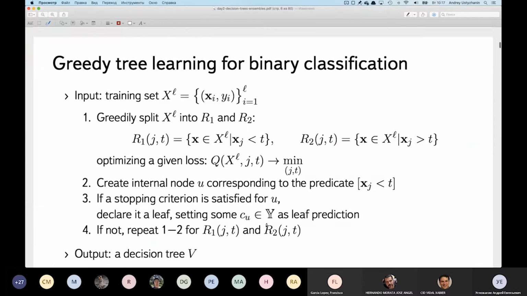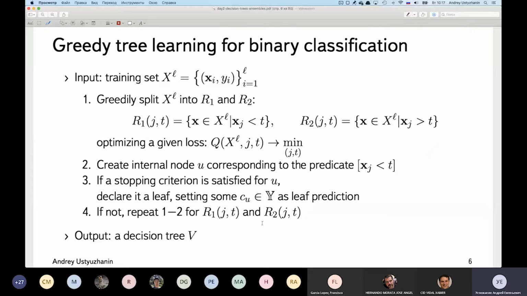So how can you build such a tree? We start, as yesterday, with a training set. It is a purely data-driven algorithm, and we greedily split this training set into two different subsets.